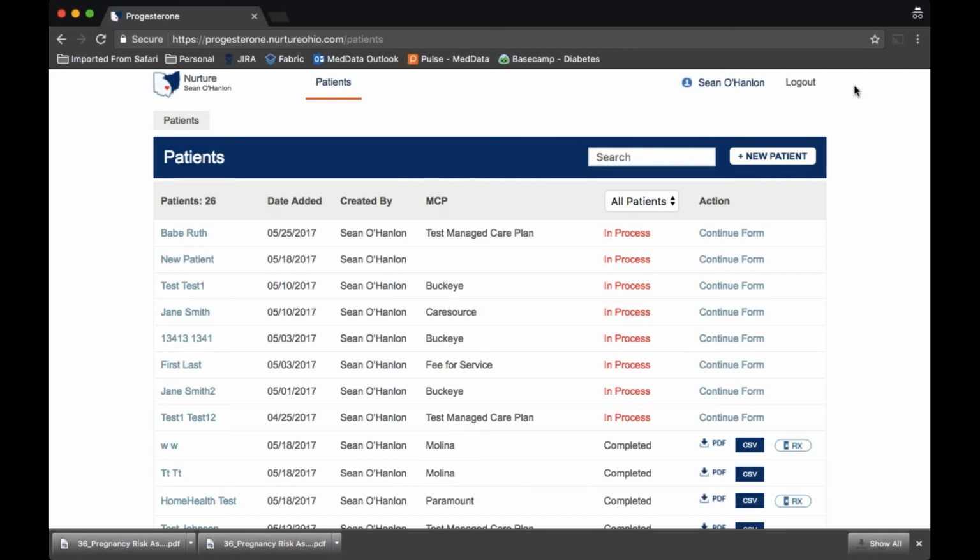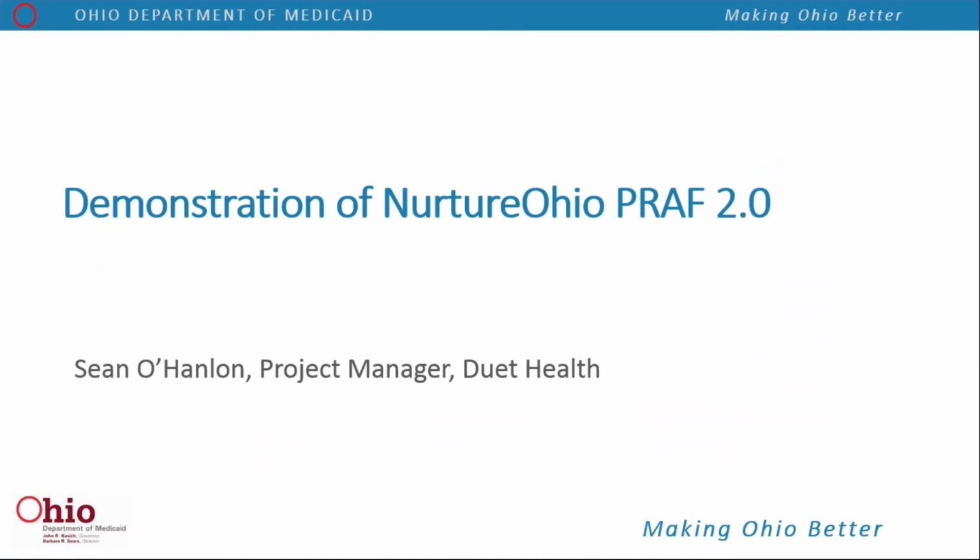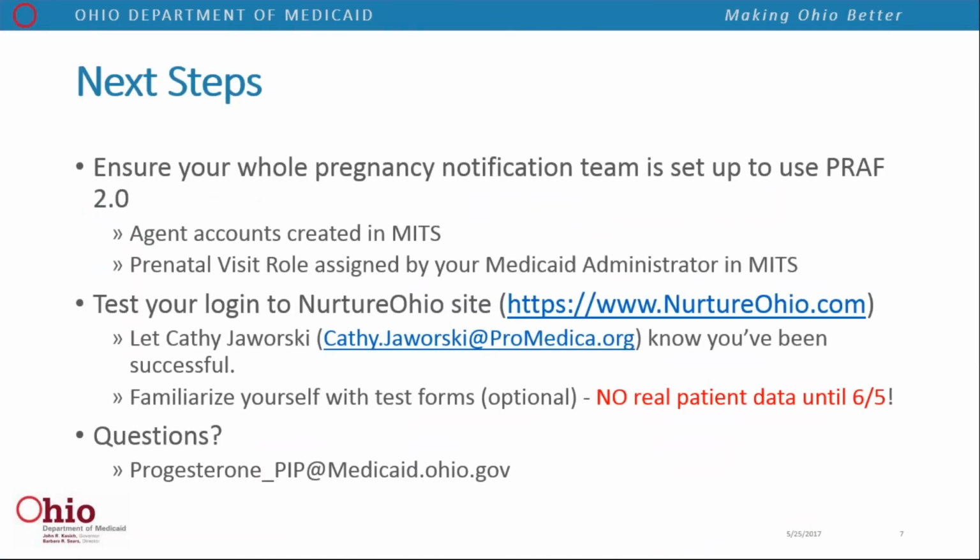All right. So then we will switch back to the PowerPoint presentation to review next steps. I know you probably have also received some communications from our QIC, Kathy Jaworski, reminding you to ensure that your whole pregnancy notification team is set up to use PRAF 2.0.